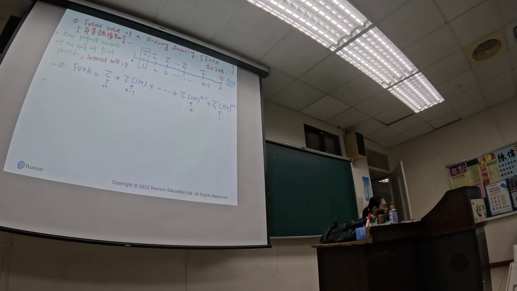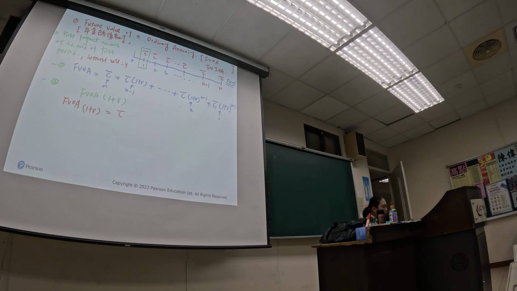Second formula, let's do both right-hand side and left-hand side, multiplying the FVOA by 1 plus R. Okay? So what would happen? Don't forget your left-hand side needs to multiply by 1 plus R too.